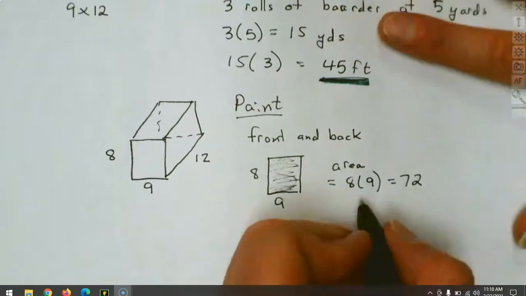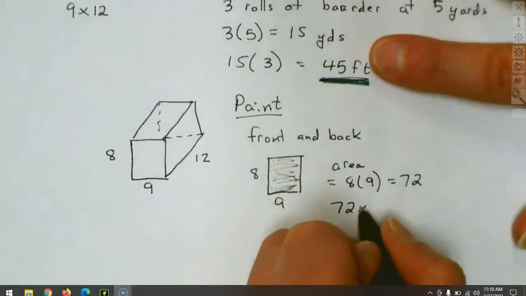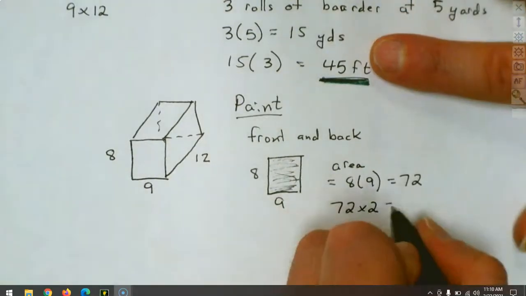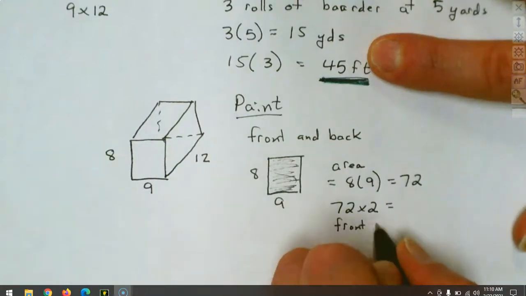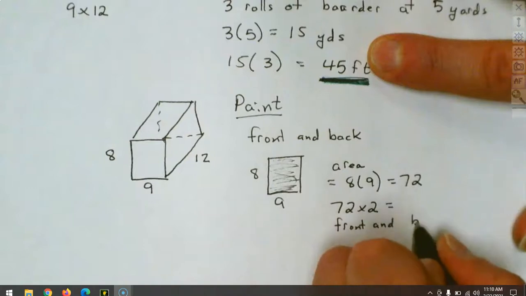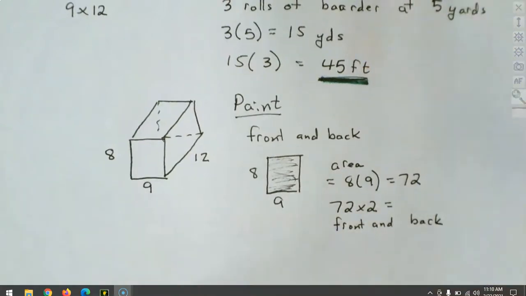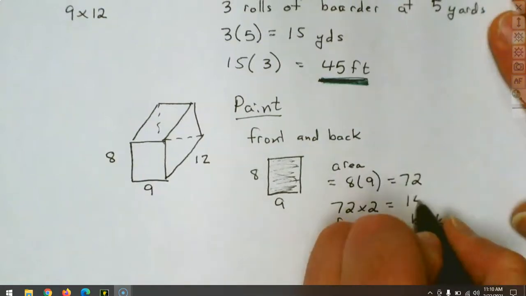And we need 2 of those. Why do we need 2 of them? We've got to times it by 2 because we need a front and back. So 72 times 2 gives you 144.